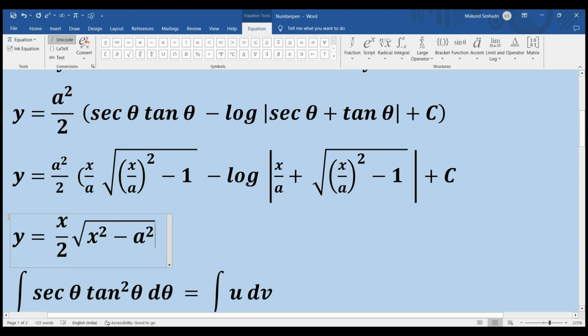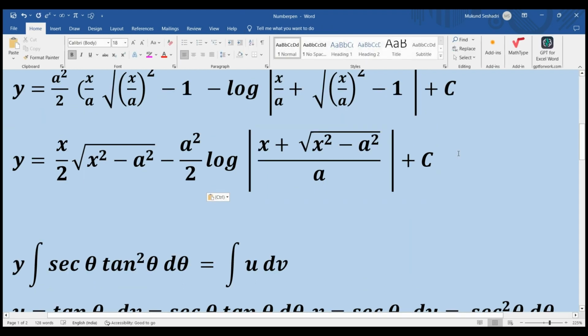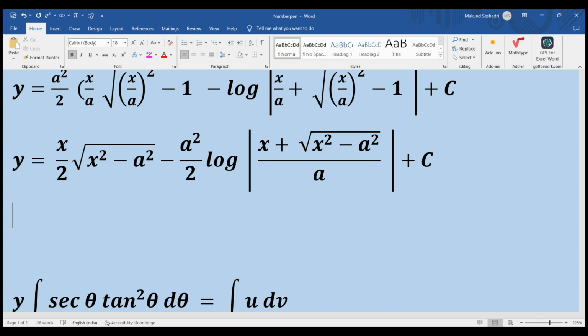Then I come to my part 2, and when I combine the a square by 2 expression with the part 2 log expression, I get minus a square by 2 log of mod of x plus the square root of x square minus a square, the whole divided by a, close mod. So that's our y, and looks like we have some further simplification to do.